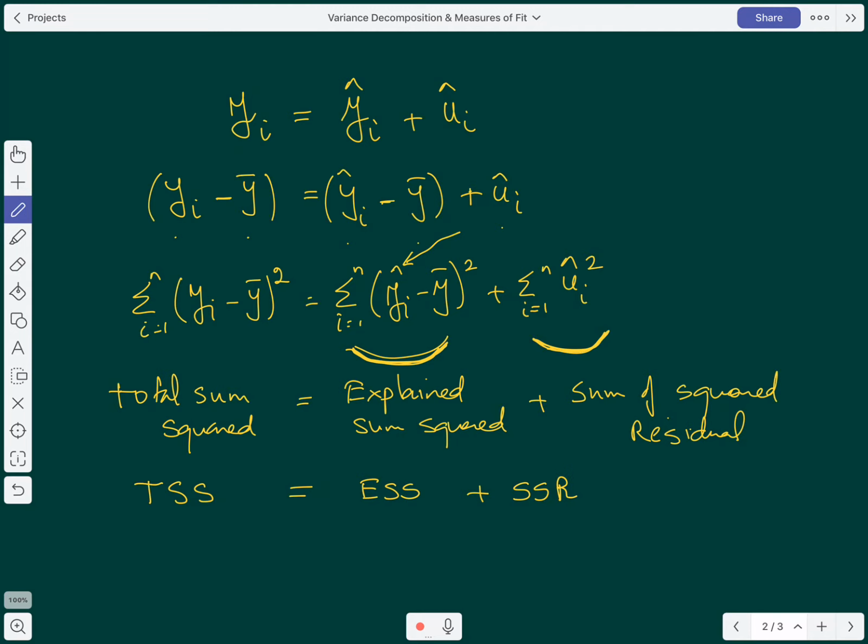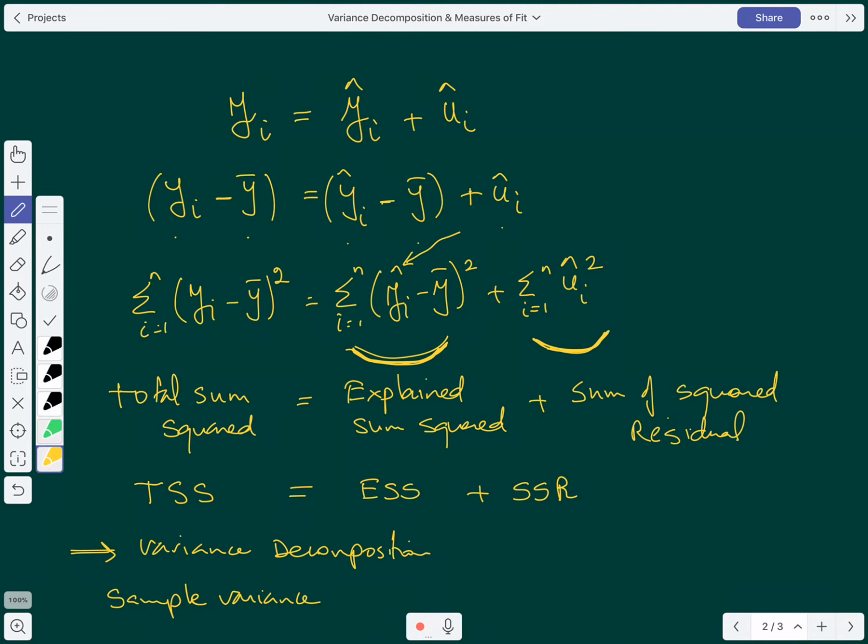This is called variance decomposition. And why is it called variance decomposition? Because the first part is simply the sample variance.